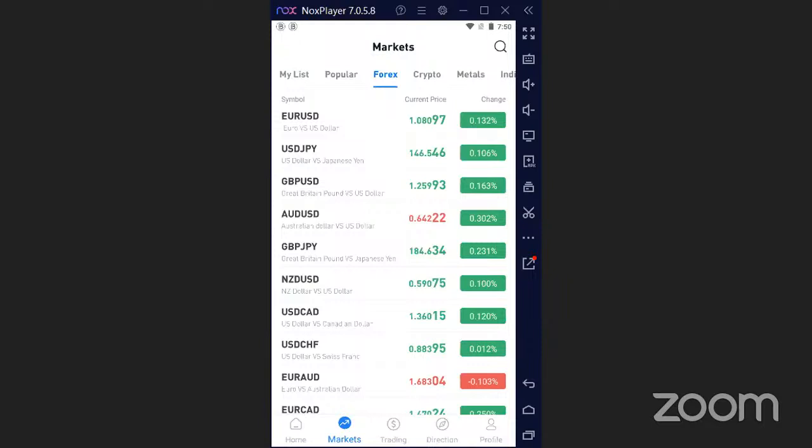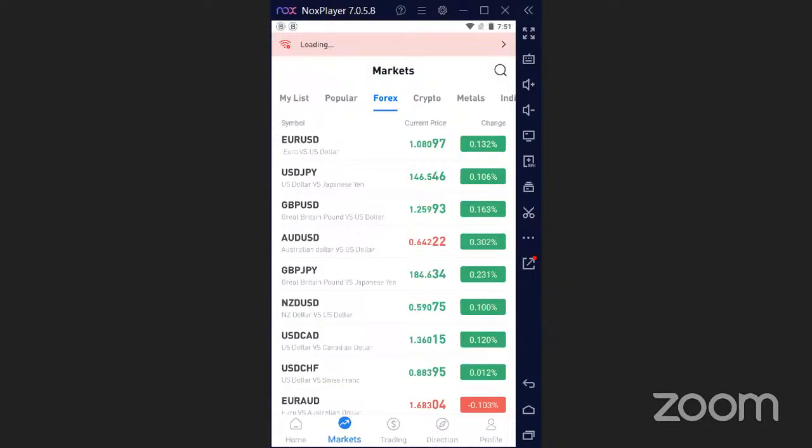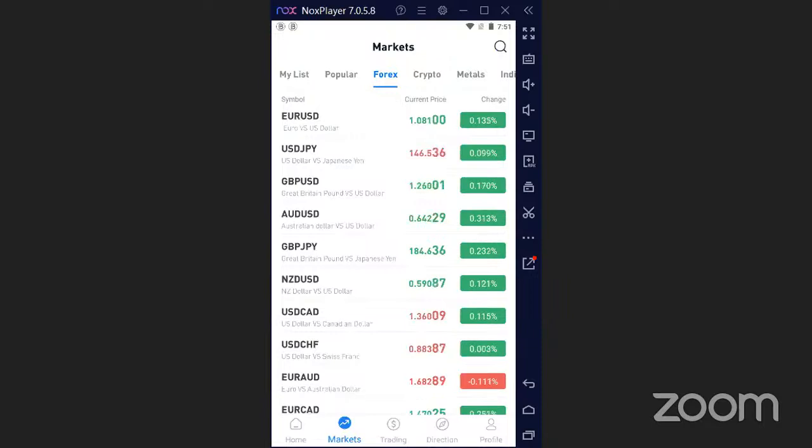If you have the screenshot right now, you see it says BTC Dana Premium Signal scalping trade, and the signal is XAU USD.